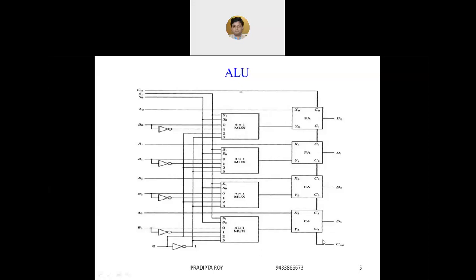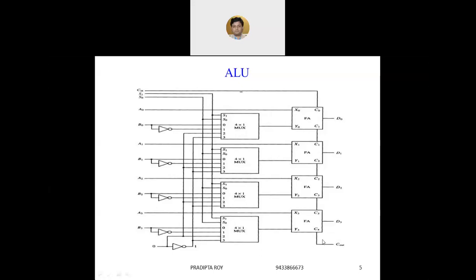Now in the same scenario, if we change the value of Cin to 1, that means we are able to perform the operation A plus B bar plus 1. As B bar plus 1 represents the 2's complement of the input B, we are able to perform subtraction with 2's complement addition.